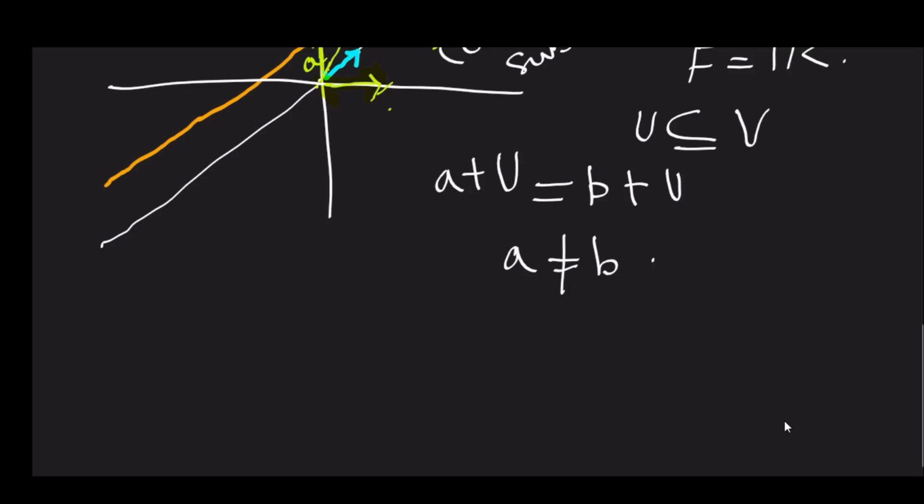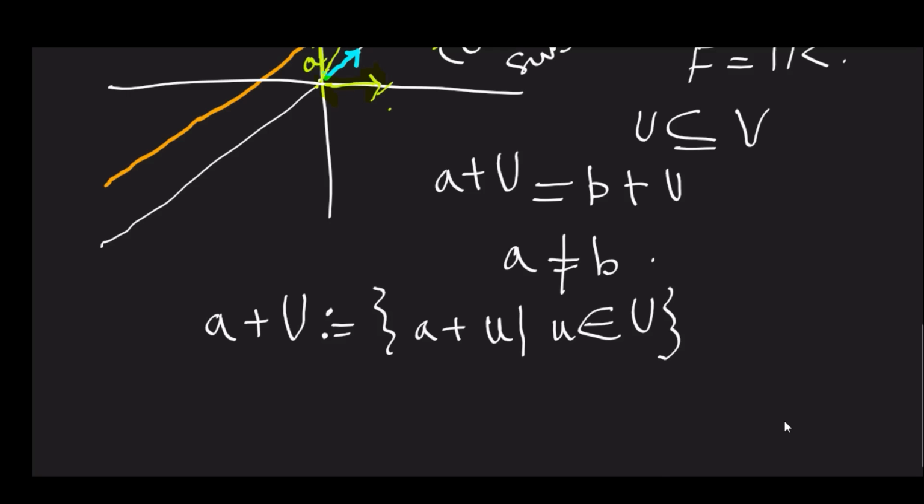But how can you write it in set theoretic notation? We can write A plus U is defined as the set that contains all A plus small u such that small u belongs to capital U, and this belongs to V, for all A belongs to V, right?